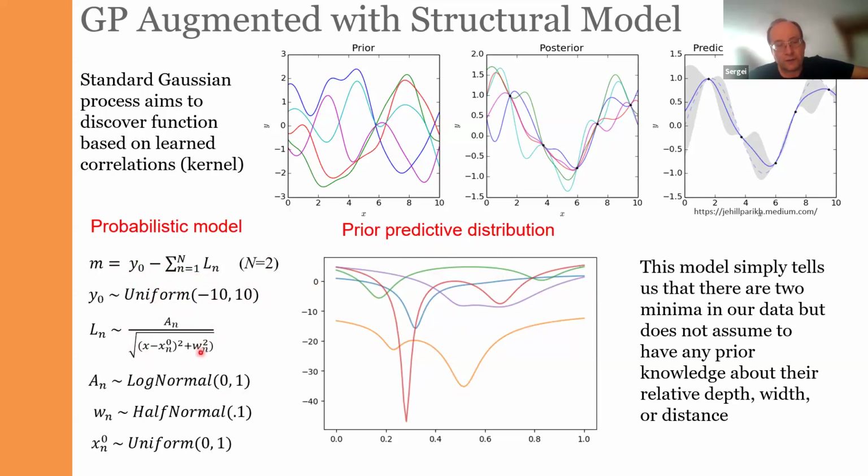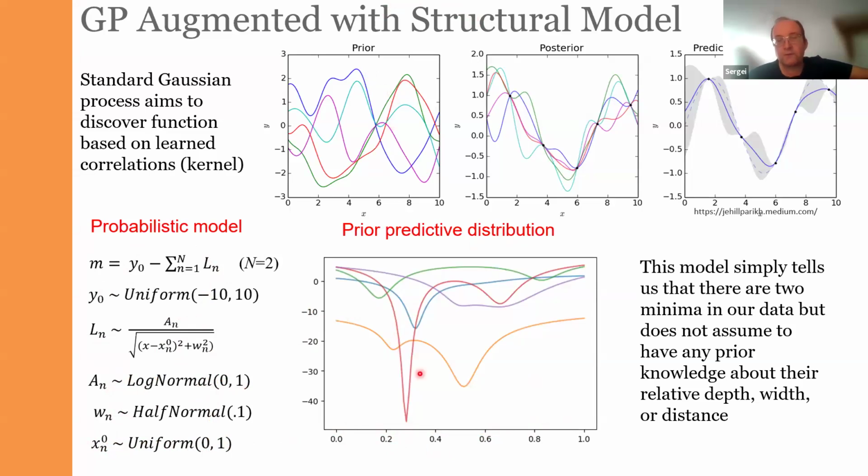I introduce the structural form for the peaks, so it is Lorentzians, almost Lorentzians. And I can introduce the priors on what the parameters here are. In this case, they are fairly broad, but I can easily say that, for example, the first peak, rather than being anywhere from 0 to 1, can be only from 0.2 to 0.4. And then the second peak can be somewhere between 0.6 and 0.8. Making these models takes some time. You need to very clearly define your prior knowledge, but the way they work is rather amazing.